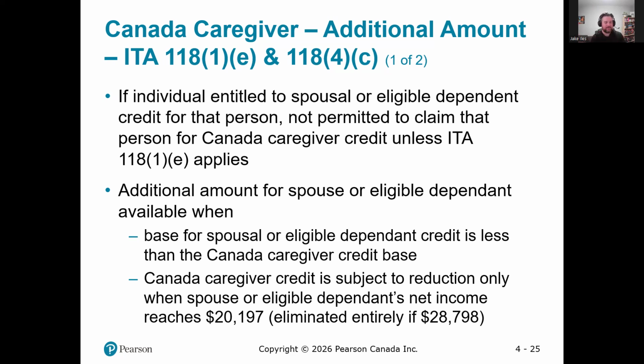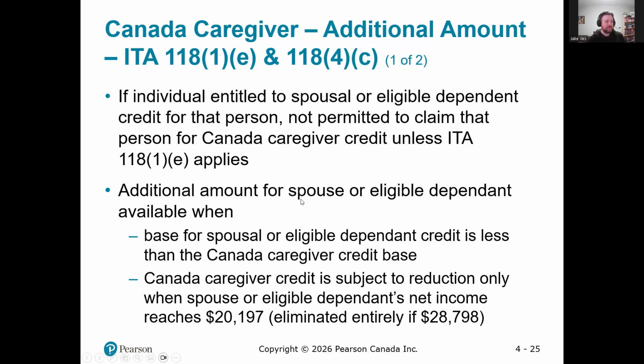Hopefully that's clear enough. So the additional caregiver amount is basically an additional amount of credits to give the taxpayer at least what they should have had if they were only claiming the caregiver credit. So if the individual is entitled to a spousal or eligible dependent credit for that person, they can't also claim the Canada Caregiver.